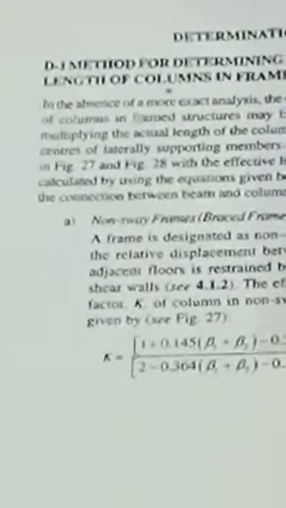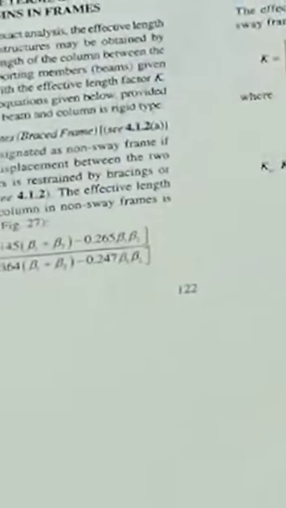Here you can see the determination of effective length of columns, which is available on page number 122 of IS 800 2007. Here you can see non-sway frame, that means braced frame. The formula is K is equal to 1 plus 0.145 (beta 1 plus beta 2) minus 0.265 ... as given in the code: K = [1 + 0.145(β1 + β2) − 0.265β1β2] / [2 − 0.364(β1 + β2) − 0.247β1β2].